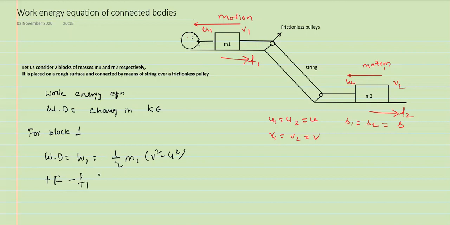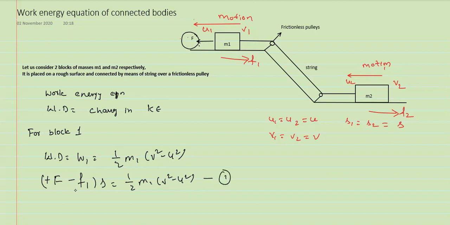And displacement of the body is S. That means S1 is equal to S, equal to half M1 (V square minus U square). Actually V1 square minus U1 square, but since U1 is equal to U and V1 is equal to V, I directly substituted like this. Let us consider this equation number 1.